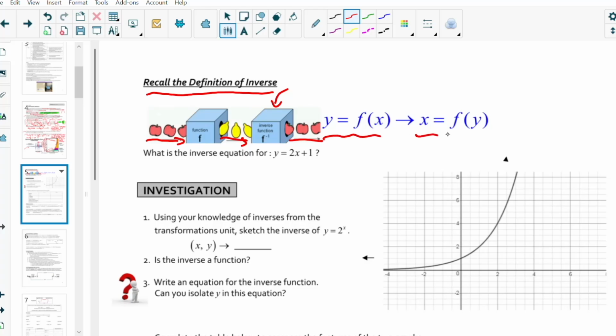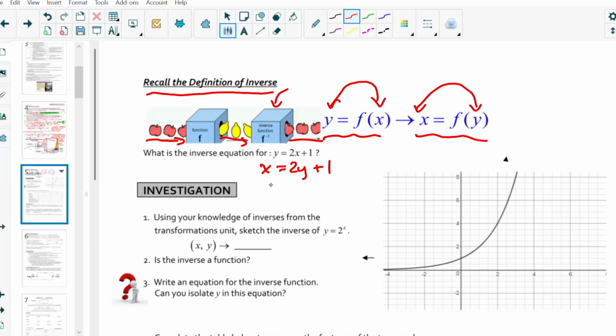Mathematically, this is how we represent an inverse. You're switching the x and y values. Okay? What is the inverse of the equation y equals 2x plus 1? Well, I'm switching the values. So instead of y, I'm going to put x. Instead of x, I'm going to put y. And I'm going to say x equals 2y plus 1.